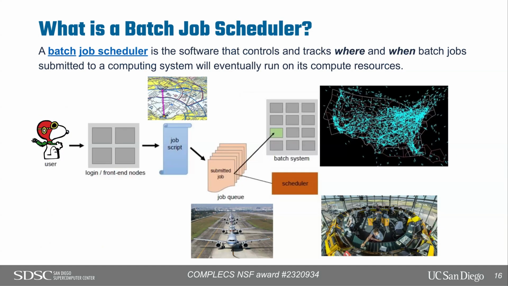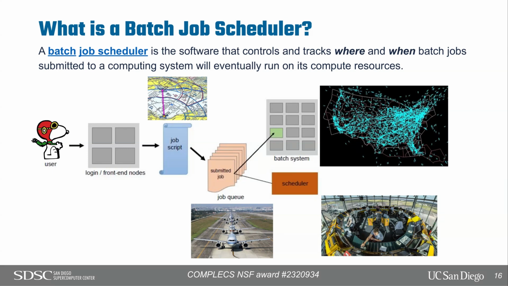So the job scheduler just controls where and when that script and those commands will be executed, right? Because on all these HPC systems, there's always a demand for the computational resources.